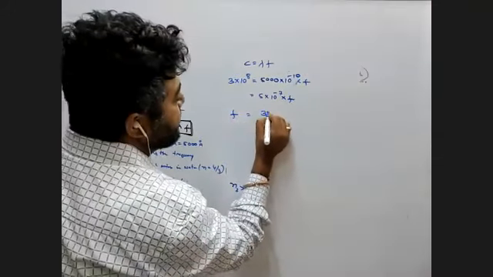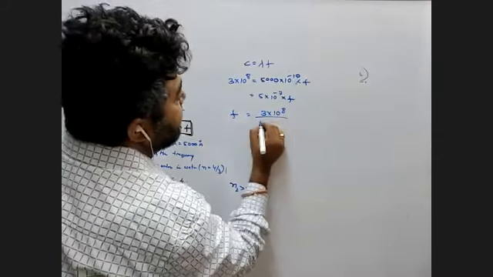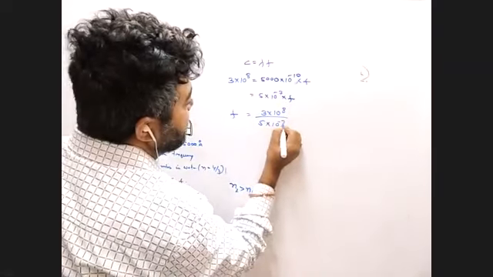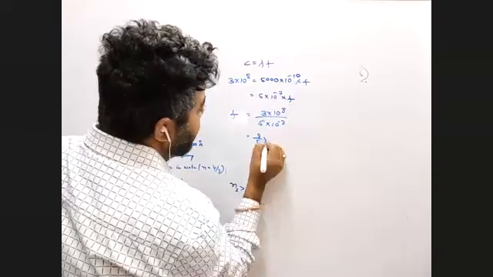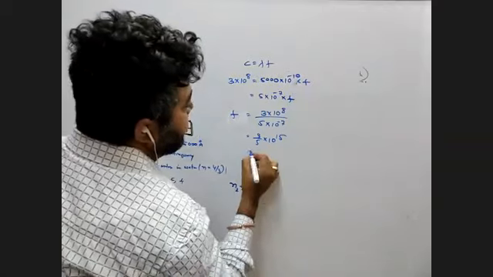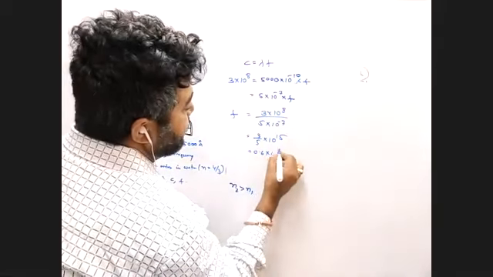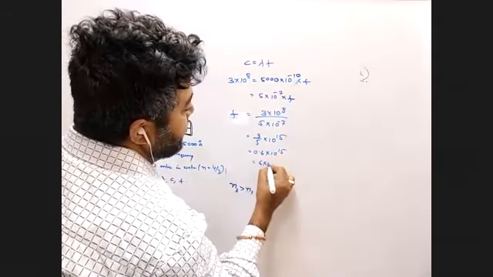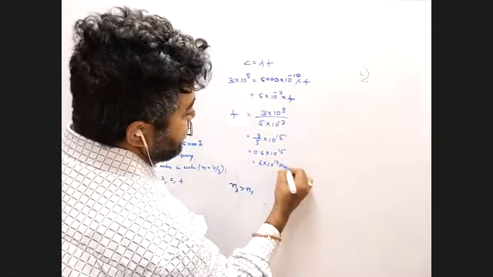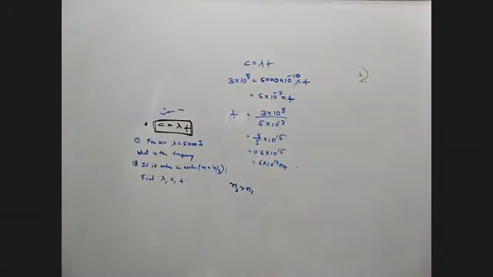So frequency is 3 into 10 to the power 8 by 5 into 10 to the power minus 7. That is 3 by 5 into 10 to the power 15, that is 0.6 into 10 to the power 15, that is 6 into 10 to the power 14 hertz. So this is the answer for the first part, frequency.